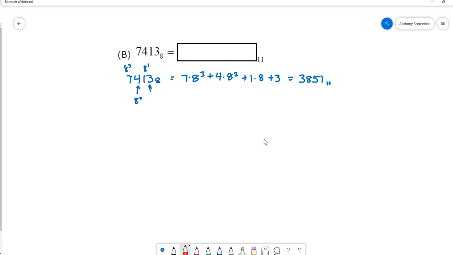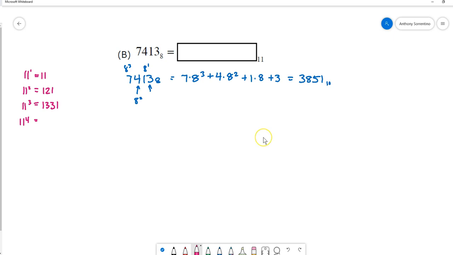Now I want to be aware of my powers of 11. So I have my 11 to the first power, which is 11. I've got my 11 squared, which is 121. I have my 11 cubed, which is 1331. I have my 11 to the fourth, which actually goes higher than 3851. It's actually 14,641.